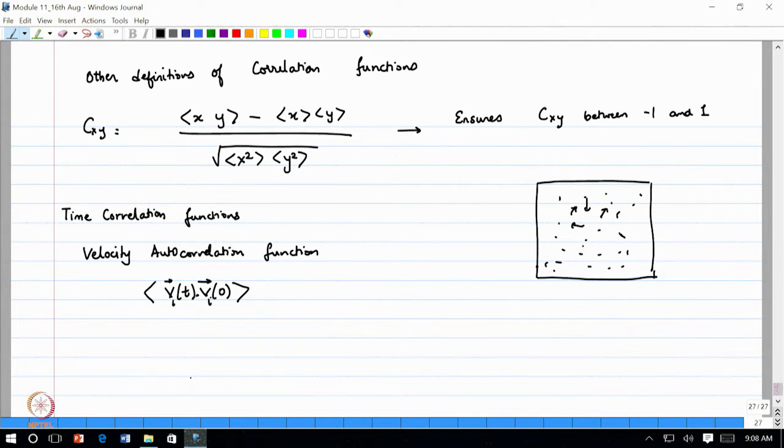Okay. Now time correlation functions are really important, okay, for various reasons. One is that the time correlation functions, okay, I will write them as TCF. These are related to transport coefficients.